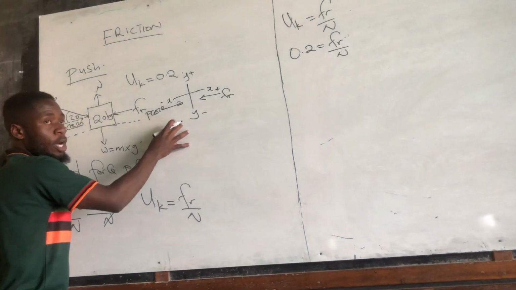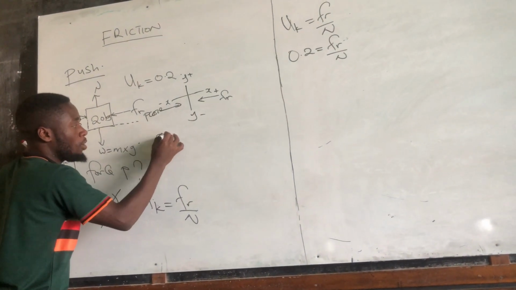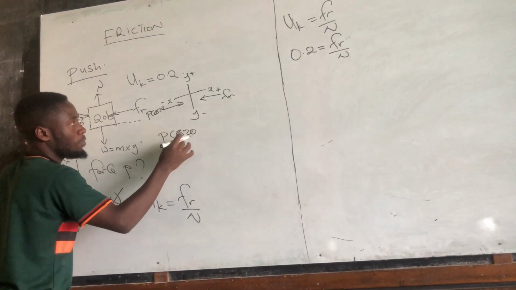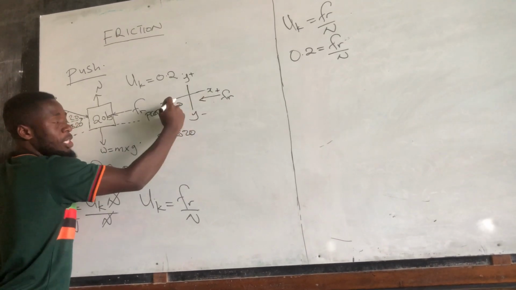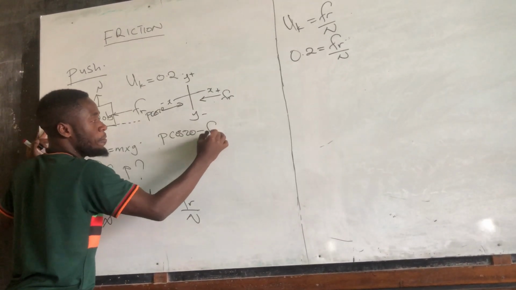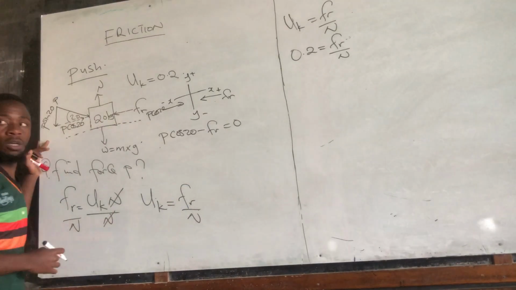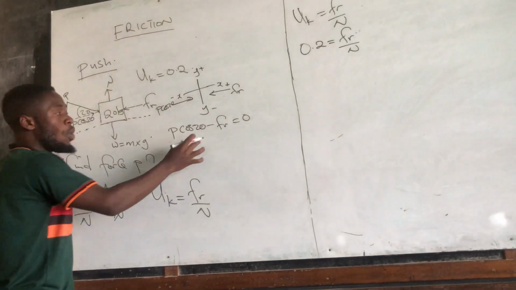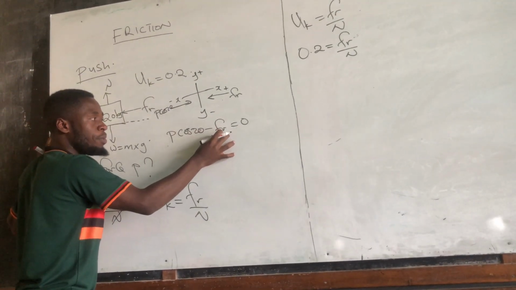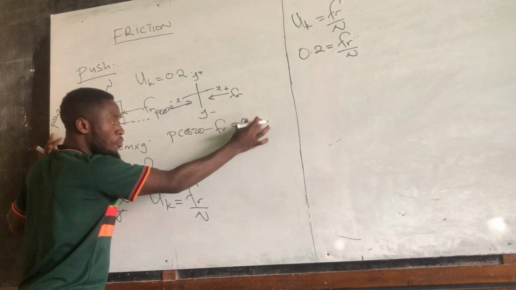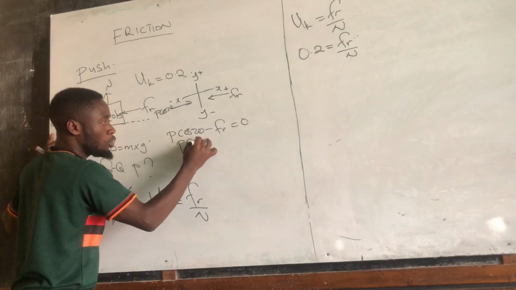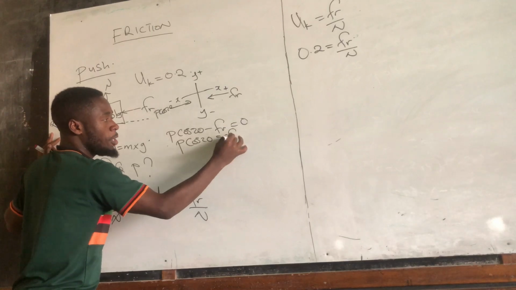So when we make an equation here, it will be P cos 20 minus this one pointing the negative direction, minus the frictional force, is equal to what? To 0. So here, we want to make the frictional force the subject of formula. So meaning we can take the frictional force to the other side. It will be P cos 20 is equal to the frictional force.